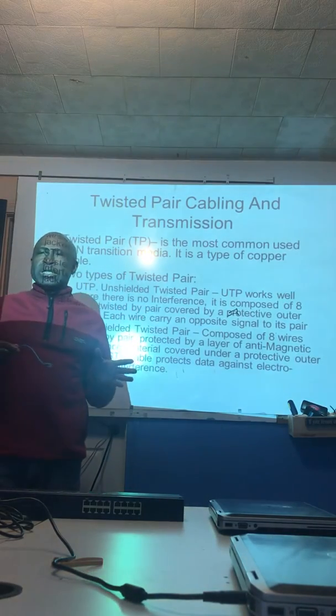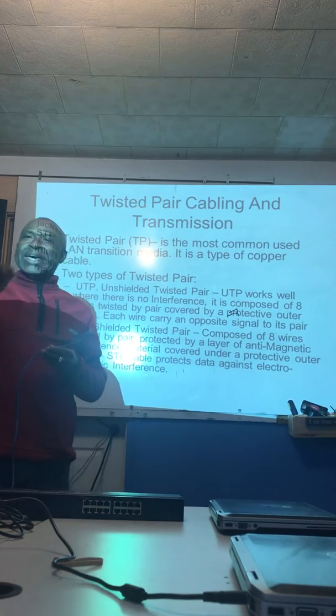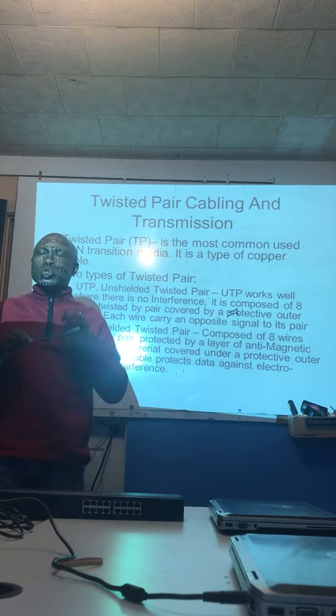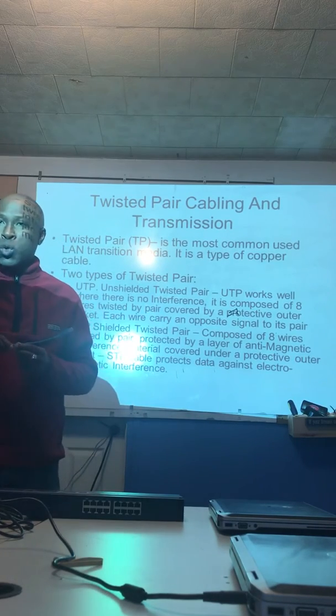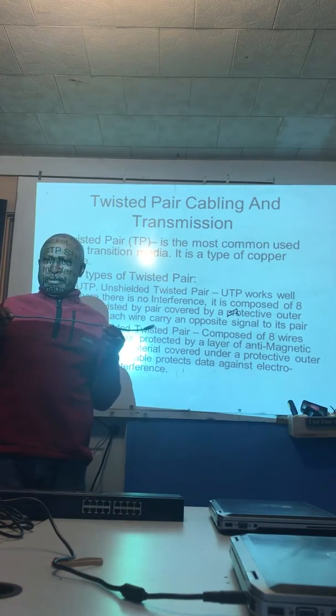Electromagnetic interference can slow down the speed of a network. EMI, or electromagnetic interference, can slow down the speed of a network, and it can create data corruption.